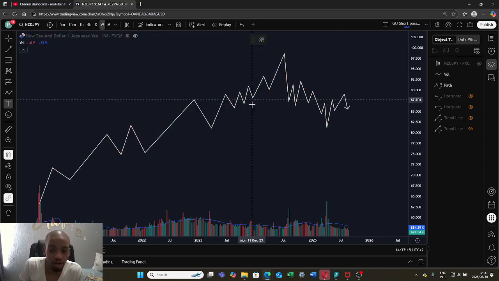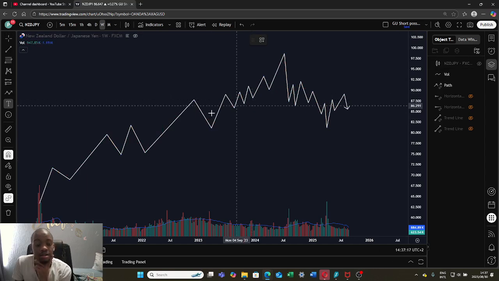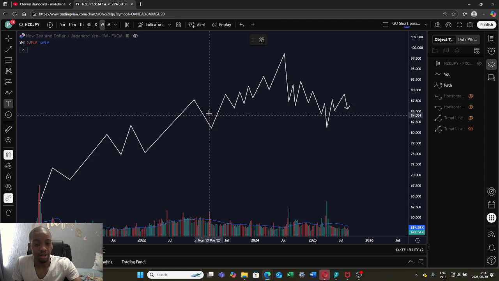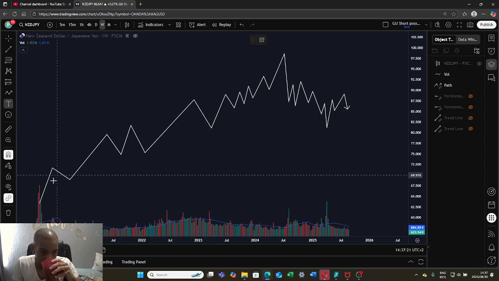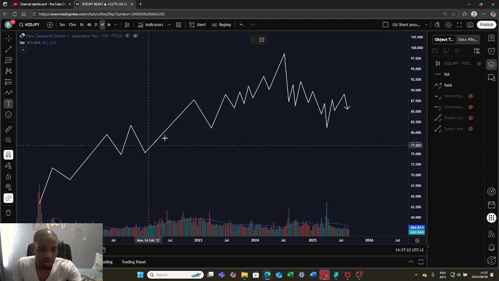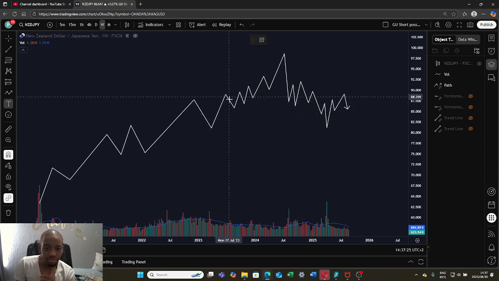Probably also just use a line chart when I do my structure analysis. Slow, then a break of structure, retest, then we have trend, and now got a lower high. Now we're having a deeper pullback.